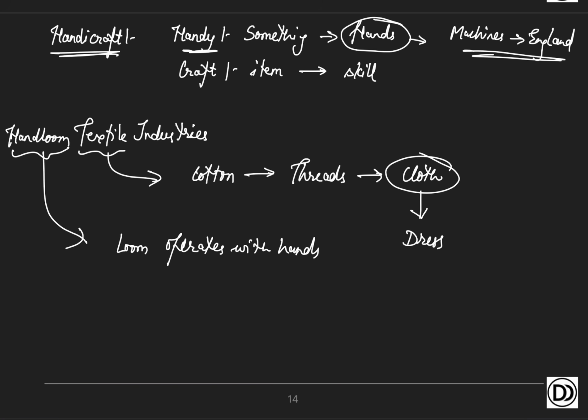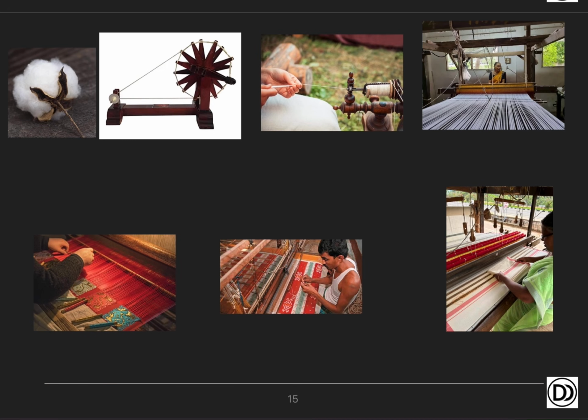For better clarification, let us look at this image. This is a fiber, cotton. You might have seen the charkha, as we call it. This is a spinning wheel. Here a fiber like cotton is used to make threads using this particular equipment.